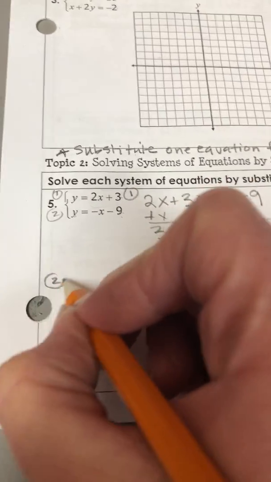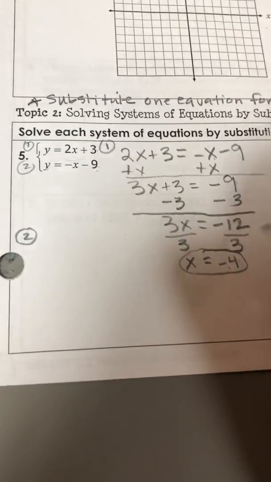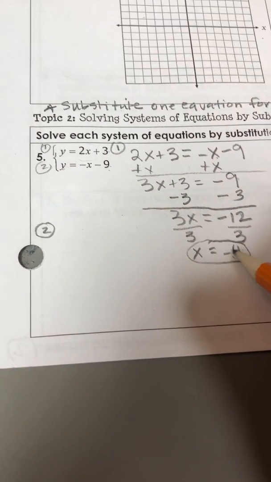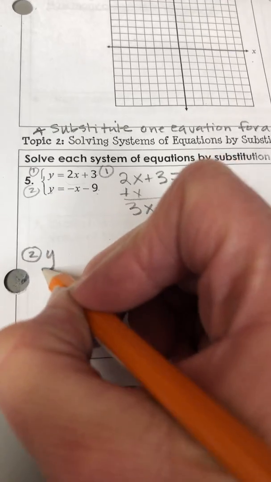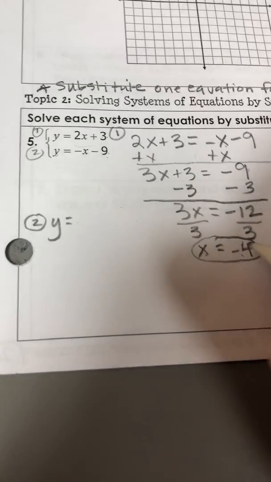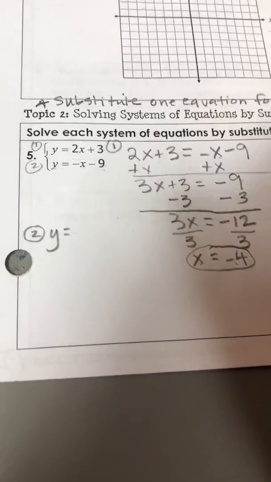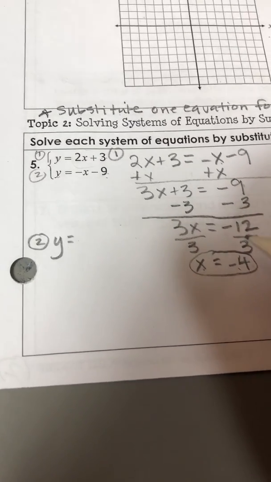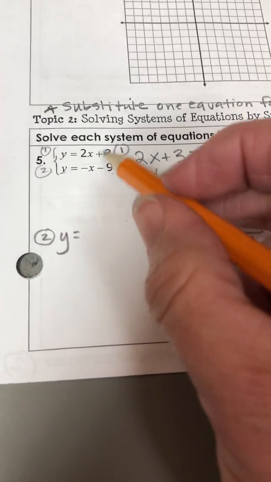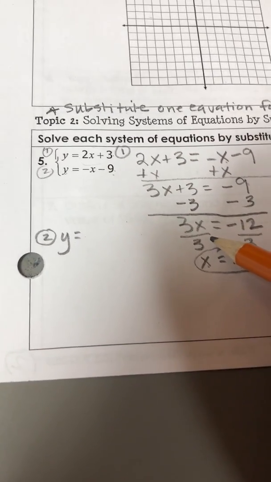Step 2 is when the substitution comes in. Here's my x value. Now I can use one of my equations, substitute my x value in for an x, and I can find my y. Either one I play around with will work.